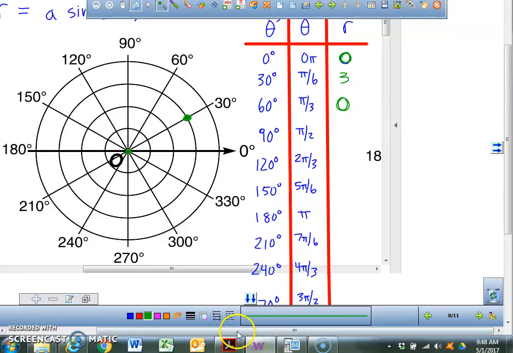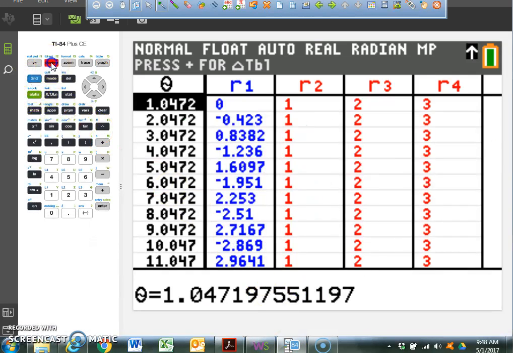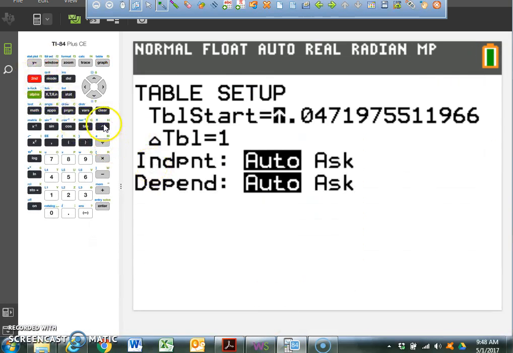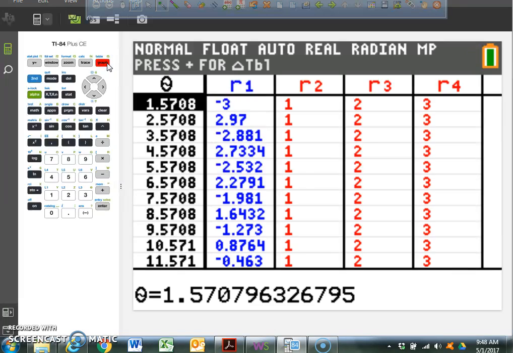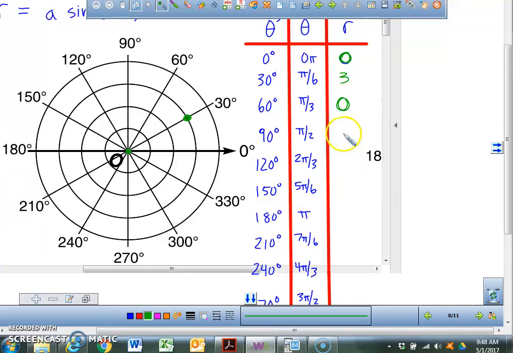Now we're going to go to pi over 2. Second window, pi divided by 2. Let's see where we're at. Negative 3. So we're at 90 degrees and we're at negative 3. So we put it on the other side.